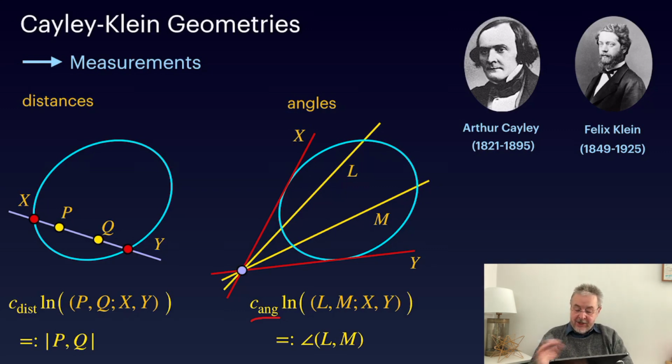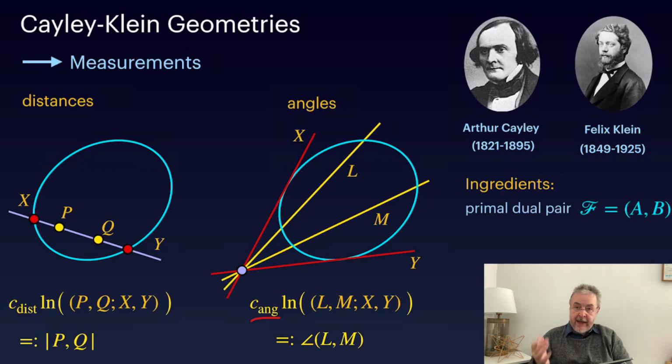So let me just summarize what you need to define measurements within a Cayley Klein geometry. So first of all, you need the conic, and this is really the essential part here, and I called it F this time, and F stands for fundamental object.